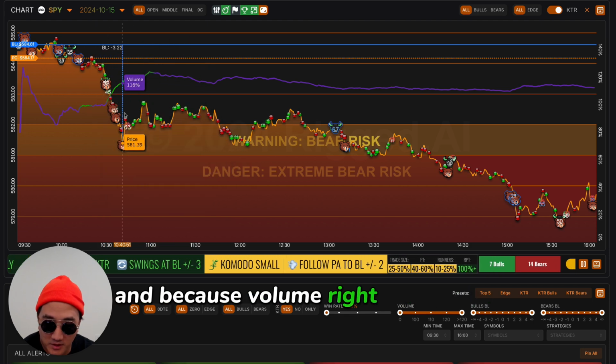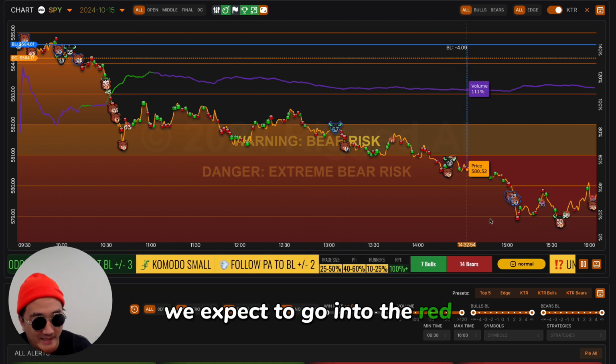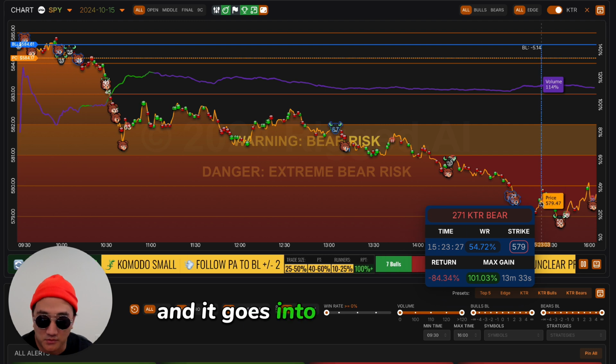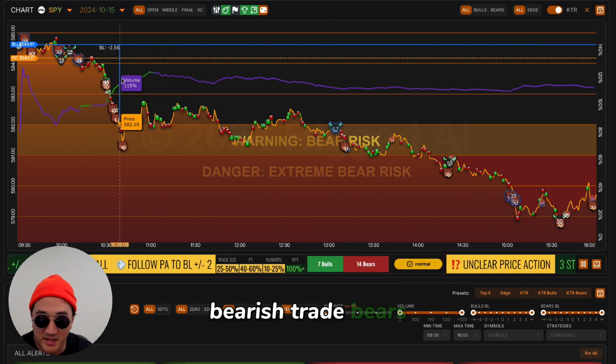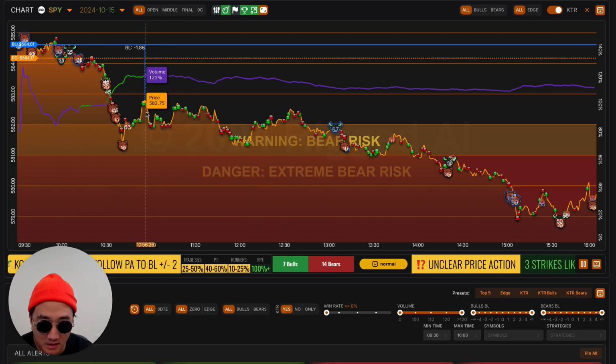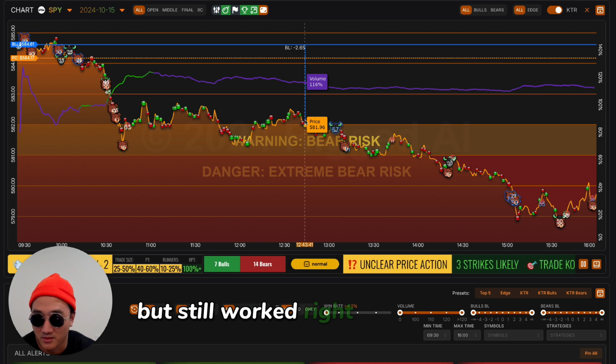And because volume right here is over 120%, we expect to go into the red, and it goes into the red. Check, bearish, trade bears on bounces. Don't have the perfect tag right here, but it still worked, right? It still worked.